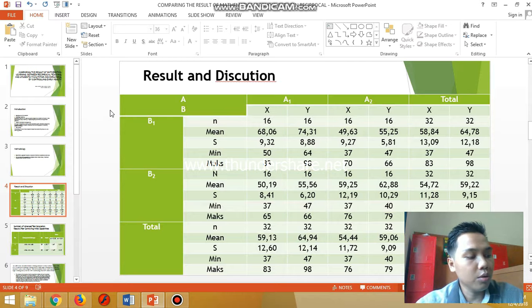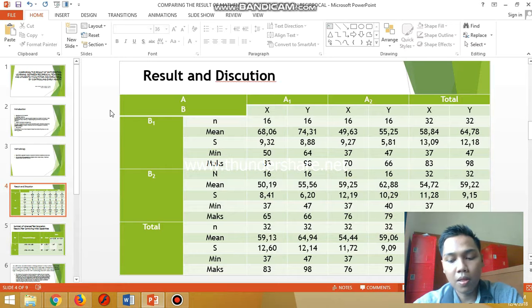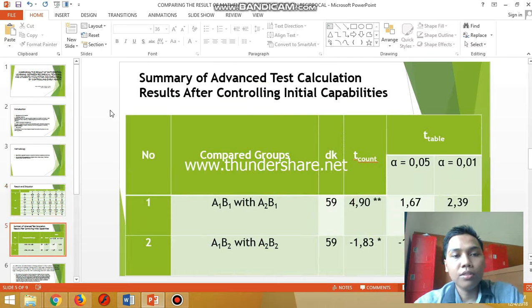Result and discussion: you can see and read the total of data in this research. Next, a summary of the advanced test calculation result after controlling initial capability is in the table.